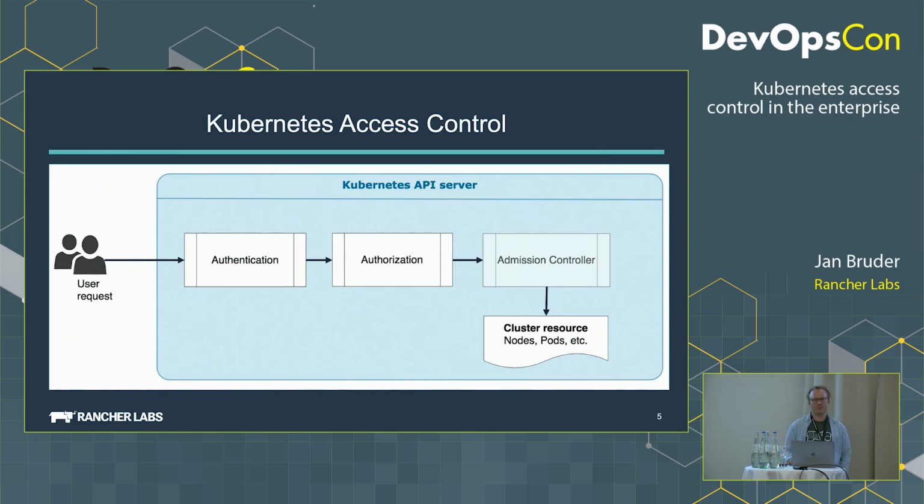There's kind of a third process in Kubernetes, but we're not going to talk about that today. So admission controllers, basically, they give you another level of controlling requests based on their content. Like, for example, pod security policies in Kubernetes, they use the admission controller mechanism.